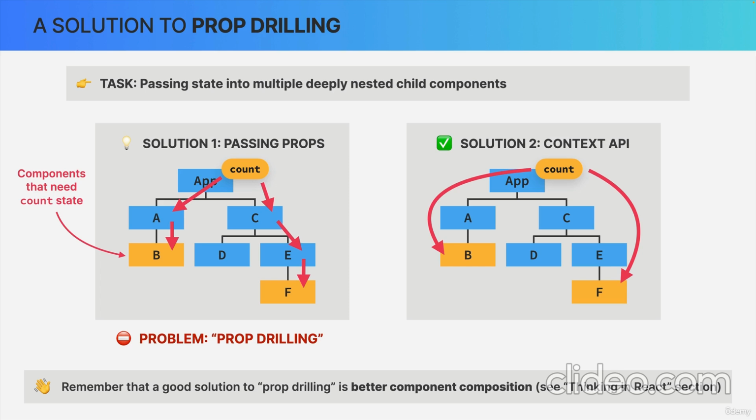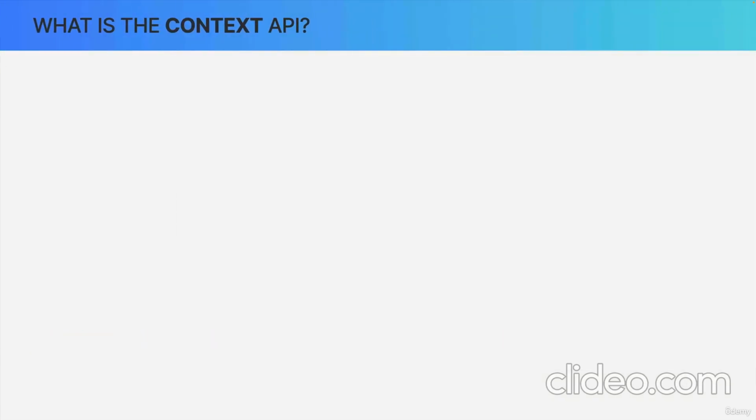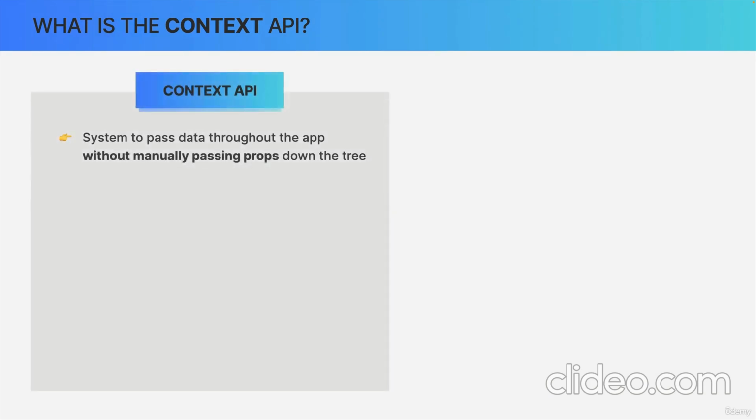So the context API basically allows components everywhere in the tree to read state that a context shares. But so let's now look at that in a bit more detail. So first of all, the context API is a system to pass data throughout the application without having to manually pass props down the component tree.